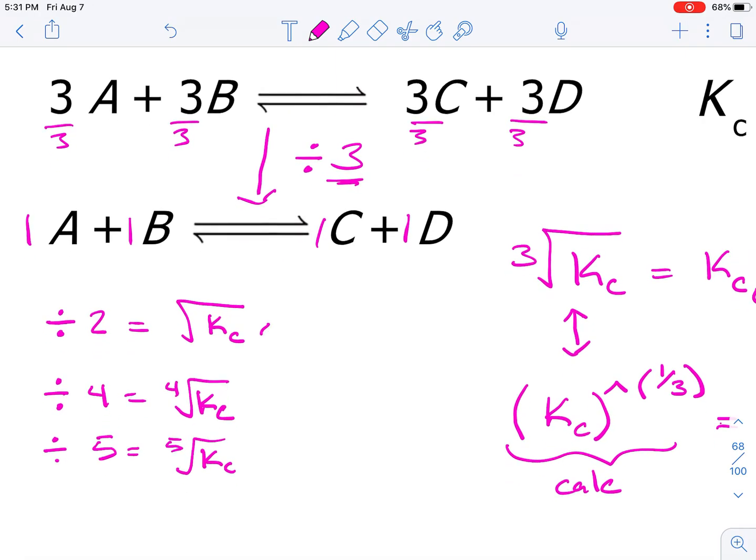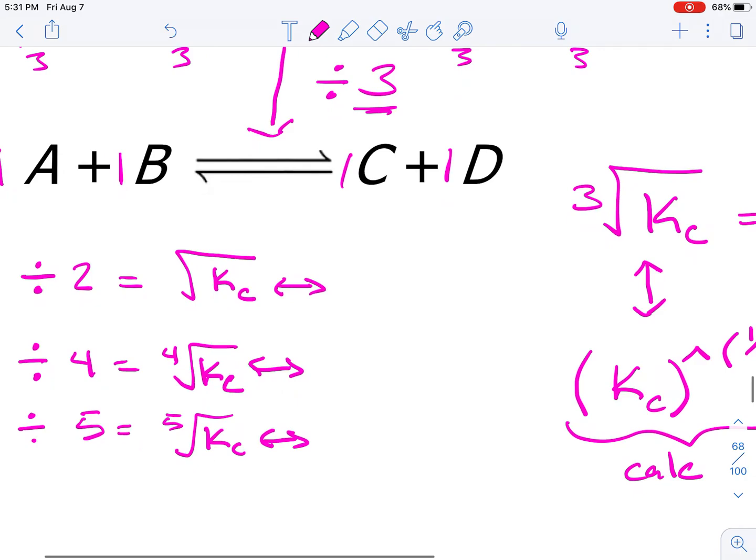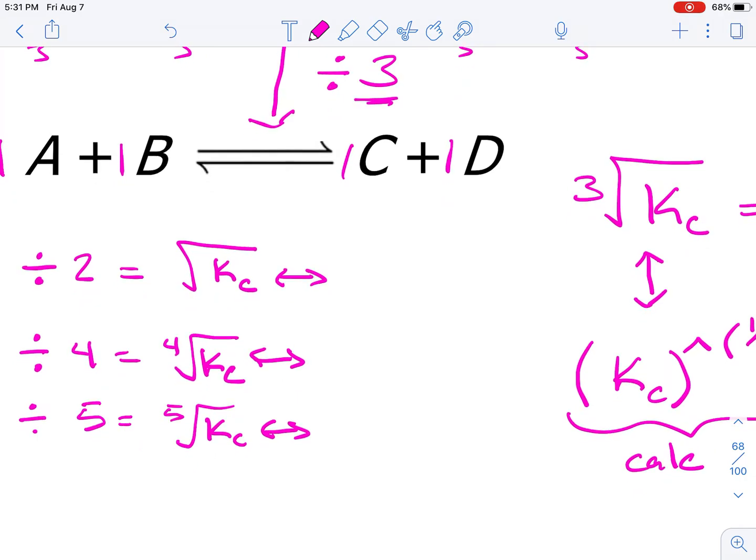And so you can go ahead and plug it into your calculator if you don't have these higher roots as Kc raised to the 1/2 power, Kc raised to the 1/4 power, Kc raised to the 1/5 power.